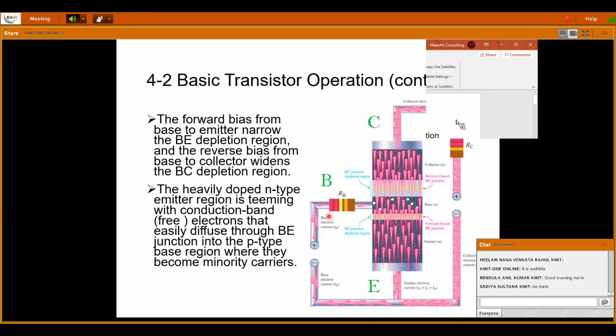Hence we use series resistors: the base resistance RB, and at the collector terminal we use RC. Like this, we can get a collector current from the transistor after properly biasing the transistor junctions: input junction forward and output junction reverse.